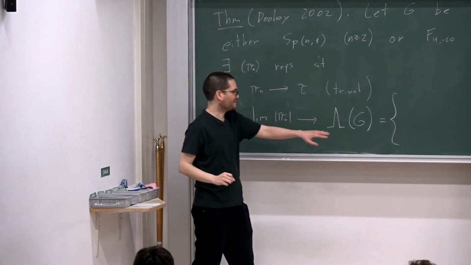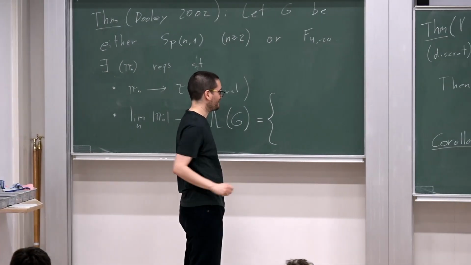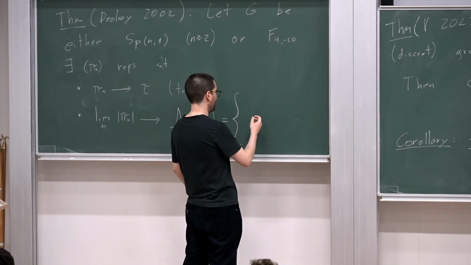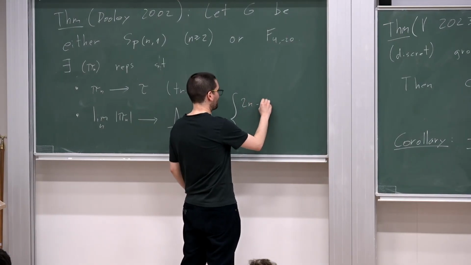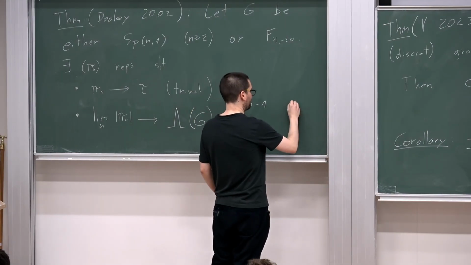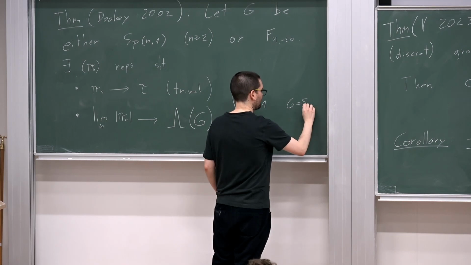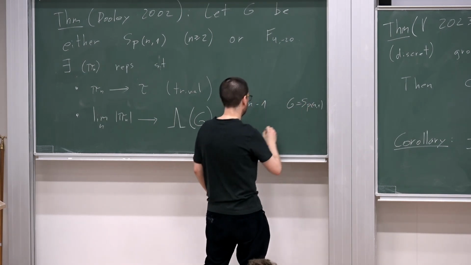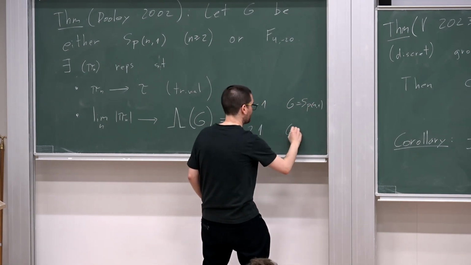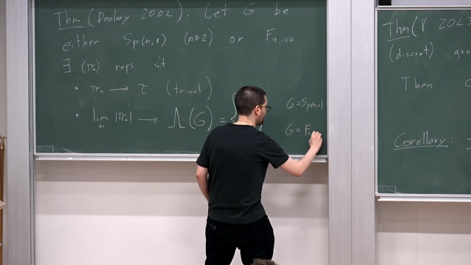If you don't know about weak amenability, it doesn't matter, but this has a name and it's an important thing. And this is 2n minus 1 if G is Sp(n,1), and it's 21 if G is F4 minus 20.